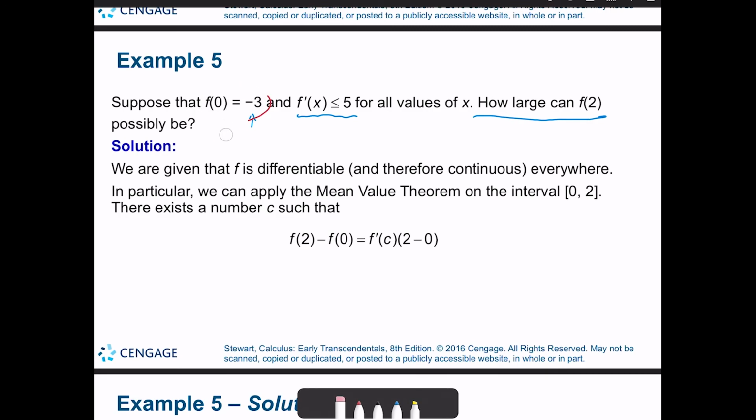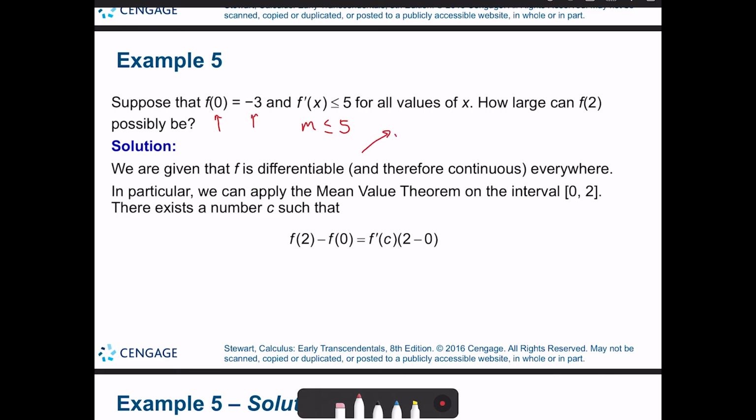What I'm doing, if I were doing this problem on my own, I might look at this problem and say, well, here's 0, -3. I'm going to need to be plotting that point. And I want my slope to be less than or equal to 5, which means that I'm working with maybe an increasing function.